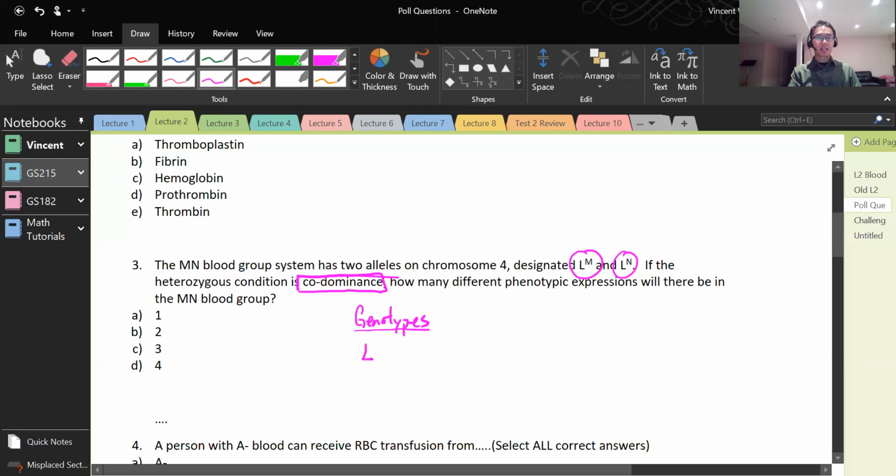Let's list them out. So we can have LM, LM. We can have LM, LN. We can have LN, LN. That's all, right? 3 types. Okay. So let's write out the phenotypes now. LM, LM. What kind of blood group would this be?